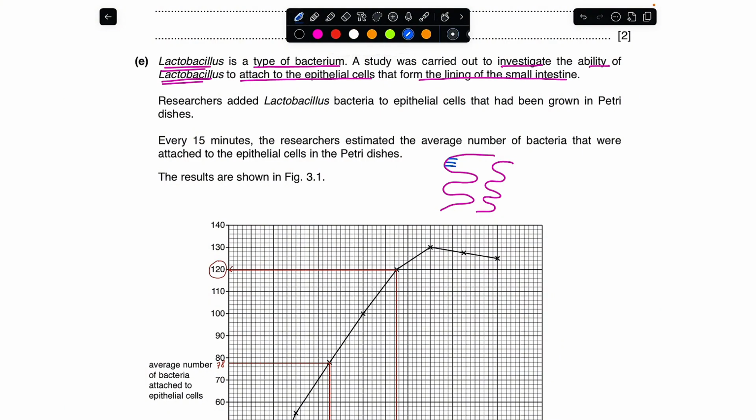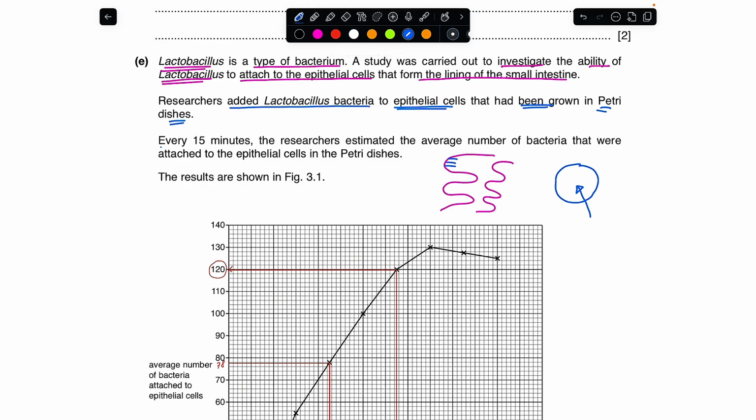How they carried out the investigation: they took this lactobacillus bacteria and added it to epithelial cells that had been grown in petri dishes. We are not releasing this bacterium into a live human being, but rather we have a culture of the epithelial cells within petri dishes, and we add these lactobacillus bacteria and try to see how they attach.